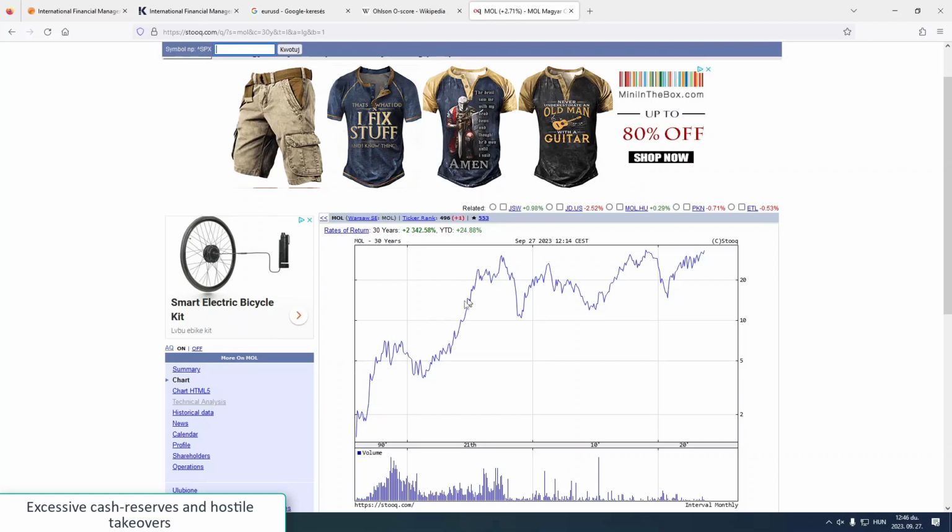So until this point the share prices were increasing because they acquired Slovnaft in Slovakia, TVK, which is a plastics manufacturing company, or part of INA in Croatia, which did not end so well.